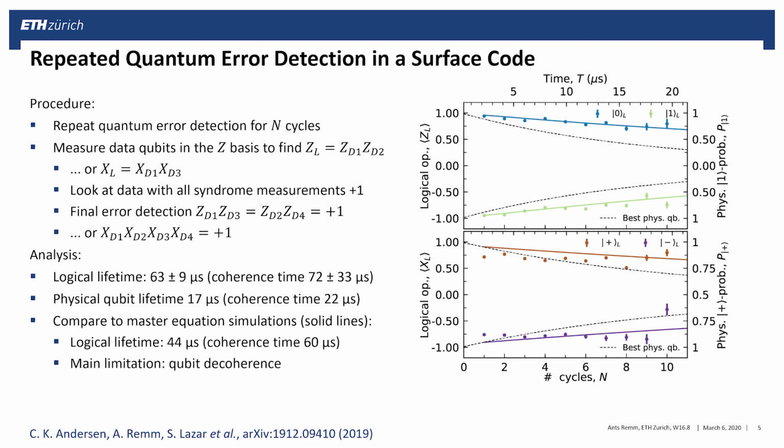We can do a similar analysis for the logical plus and minus states by reading out the qubits in the X basis and doing a classical check for the XXXX stabilizer. We extract the logical coherence time of 72 microseconds. And again, the master equation simulation fits the data quite well.